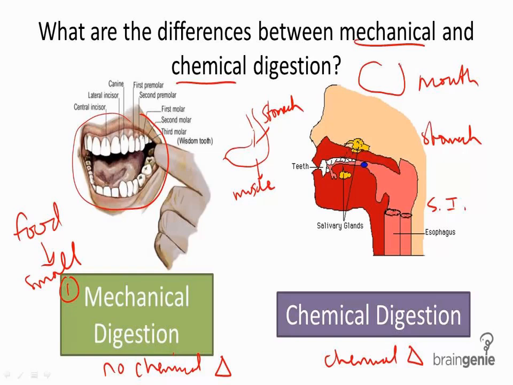Your food is moved down your esophagus into your stomach, and there it encounters lots and lots of different chemicals that help to break your food down, different acids. So that is chemical digestion. It is actually changing what your food is made up of. Which is why when you eat, let's say, a piece of broccoli, it looks like broccoli when it comes in. Does it look like broccoli when it comes out? Nope, sure doesn't.